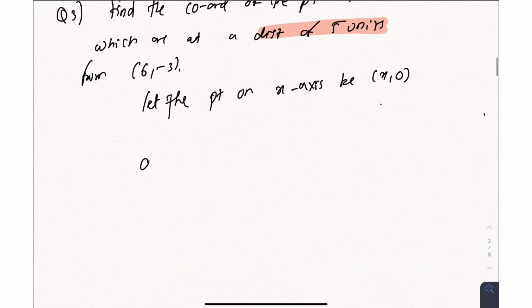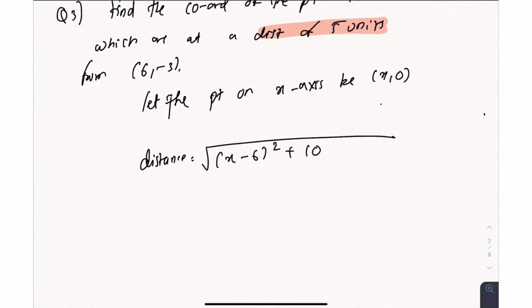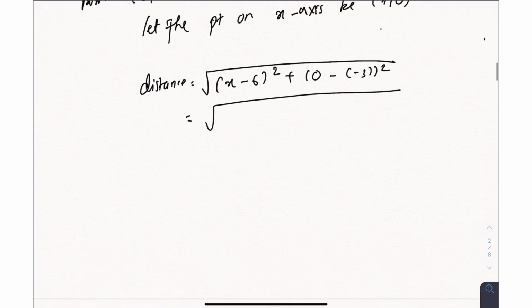So distance is equal to, obviously you have to write the formula first, root of x2 minus x1 the whole square plus y2 minus y1 the whole square. So now I'm going to use the formula a minus b the whole square, a square minus 2ab plus b square, plus, now this part is important guys, minus into minus will become plus. So 0 minus minus 3 will become 0 plus 3, which is 3. And what is 3 square? 9.